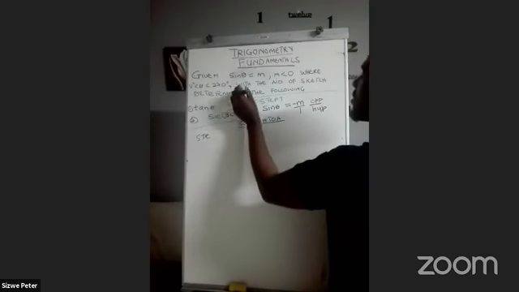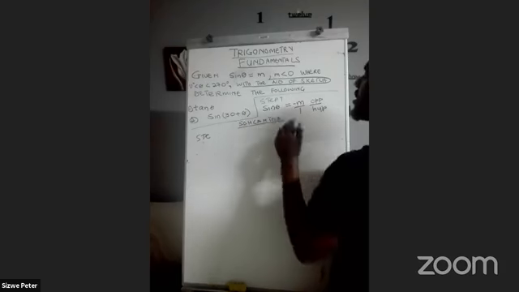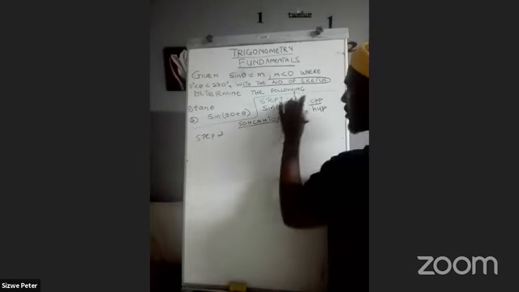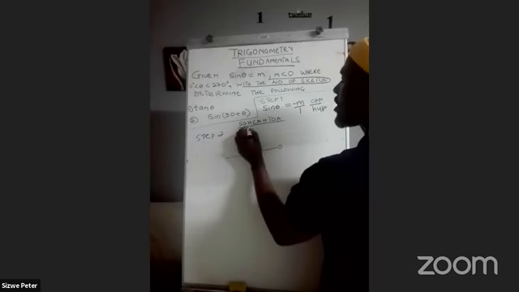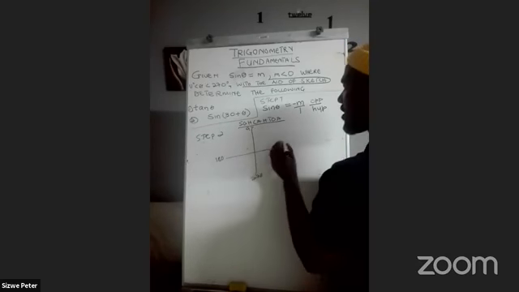Step 2, they say with the aid of a sketch, that means I need to plot this information. 0, 90, 180, 270, up to 360.